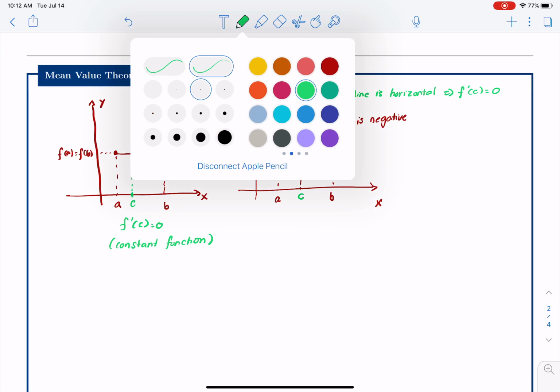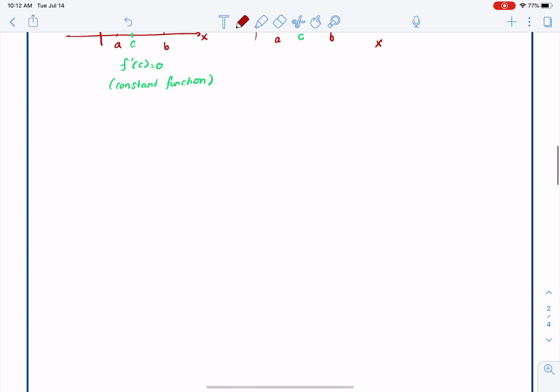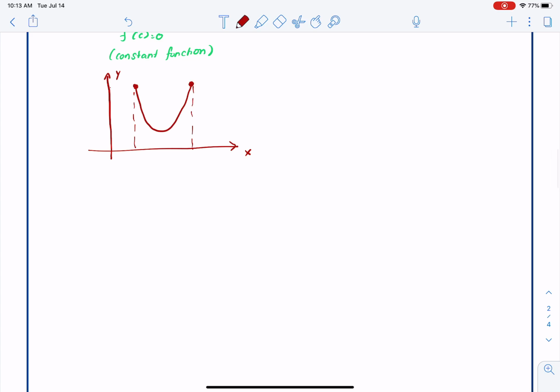And another case would be a function of this sort, f of a, f of b. They are the same.